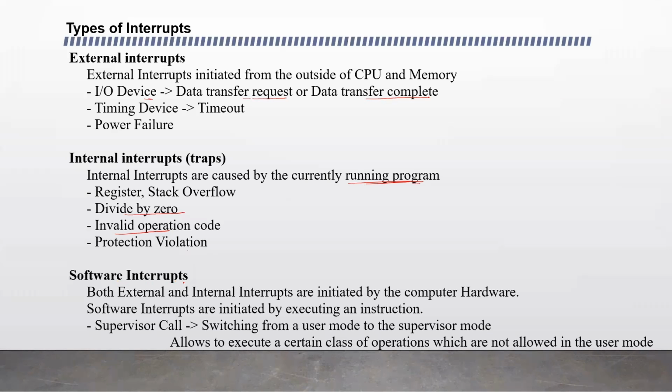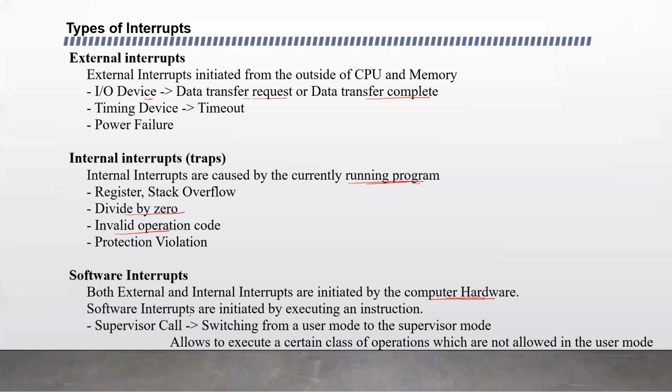And the software interrupt is initiated by the software. Here, both internal and external interrupts are initiated by the computer hardware, and software interrupts are initiated by executing an instruction in the software. One example is the supervisor call.